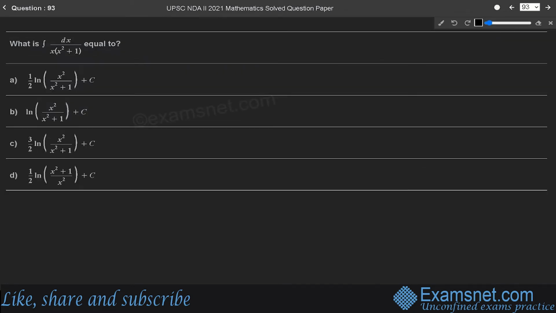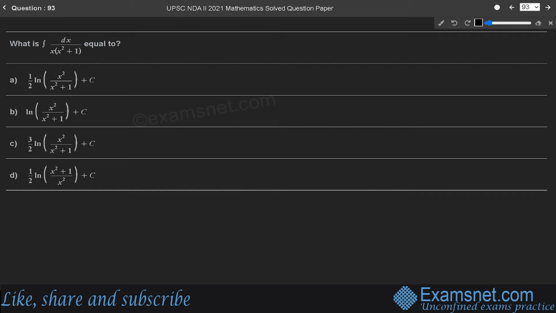Next question is, what is the integration of dx upon x into x square plus 1 equal to? It is a very important question. This kind of question always comes in the paper, not one time, but it came 3 to 4 times in the exam. And there is a short trick to get the solution for this question.